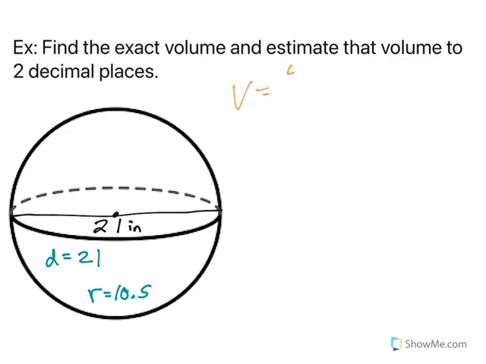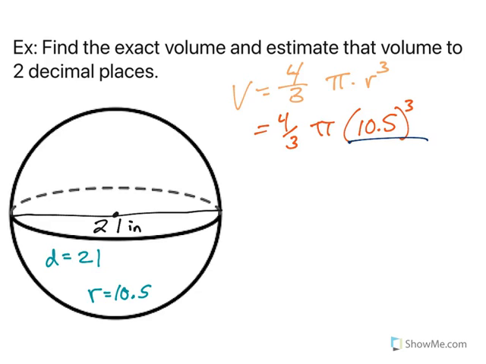So now the volume of this sphere, again, the formula, 4/3 times pi times radius cubed. So let's plug in what we know, and we are going to substitute in 10.5 for the radius, and we're going to cube that. Now, when I cube 10.5, I get a rather large number. Order of operations, right? So I have 4/3 pi times 1,157.625.